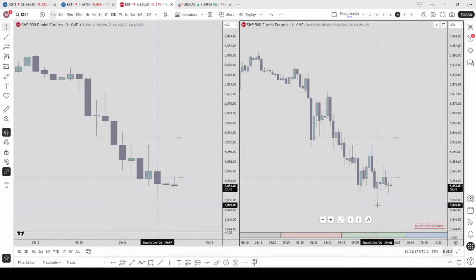For ES, the range is still fine. But of course, if something prints on NQ and it doesn't print on ES, then I might have to switch the asset.